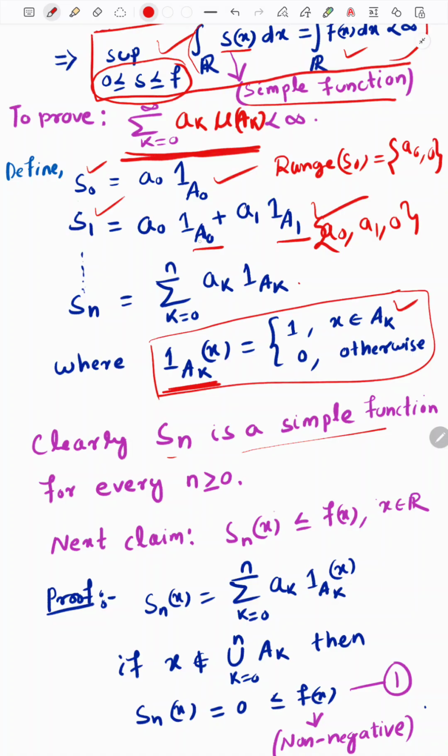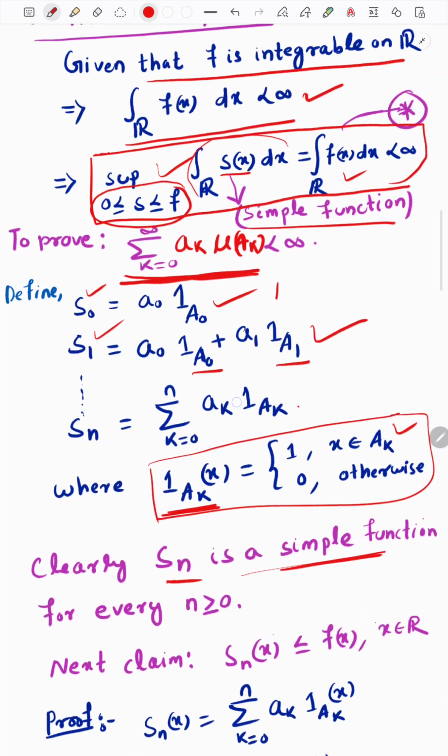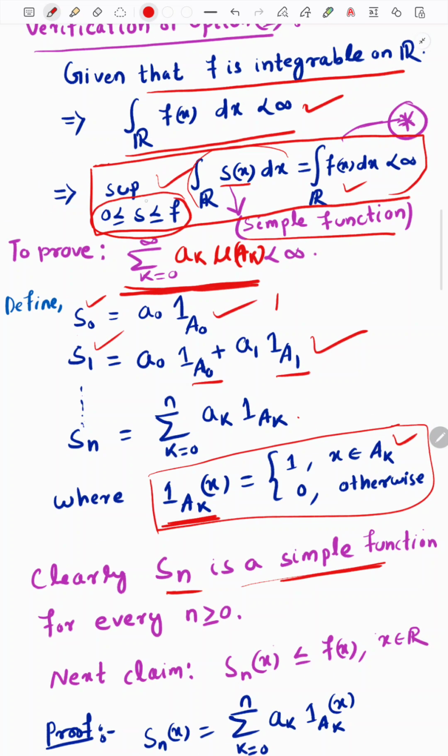It is not possible that x lies in A_0 as well as A_1, because these two sets are disjoint. I have already told that the sets A_k are disjoint. So all these ranges are finite sets, and the functions s_0 to s_n are simple functions. One criterion is fulfilled.